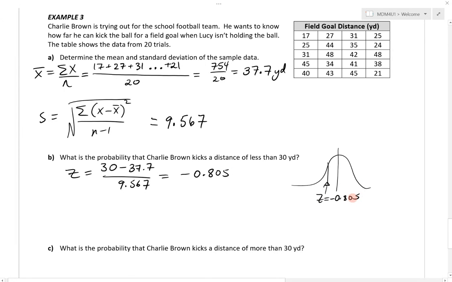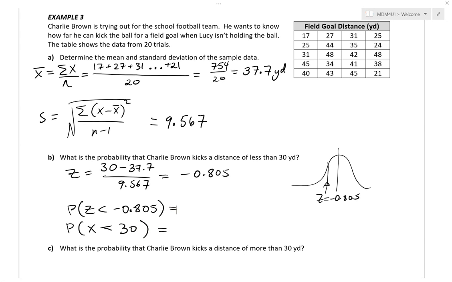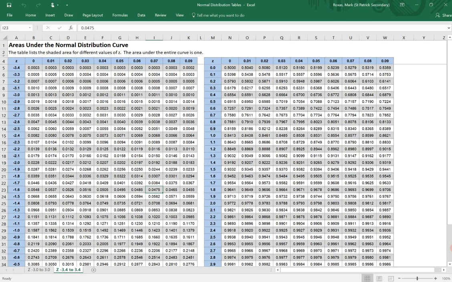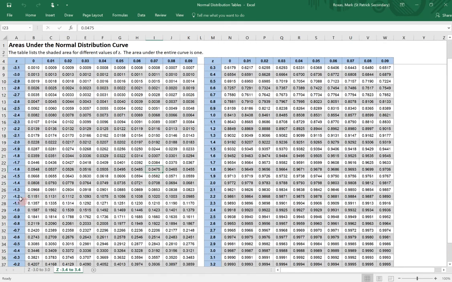And so the probability that the z-score is less than negative 0.805, or you could say the probability that Charlie Brown's trial is less than a distance of 30 yards, is equal to, if I go to my z-score table, negative 0.8. Where's negative 0.8? It's right about here. And the second decimal place is 0.05.